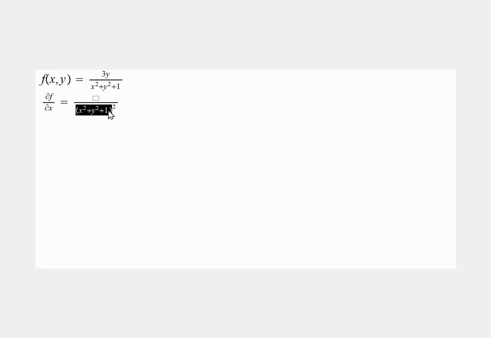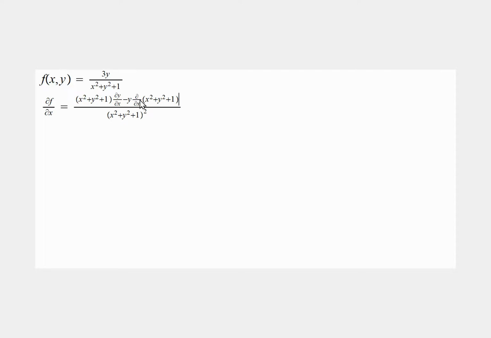And then we write the denominator as it is and take the derivative of the numerator, which is d/dx of y. I can write y here, and then minus y times the partial derivative with respect to x of the denominator. So here we go, this is what we got.